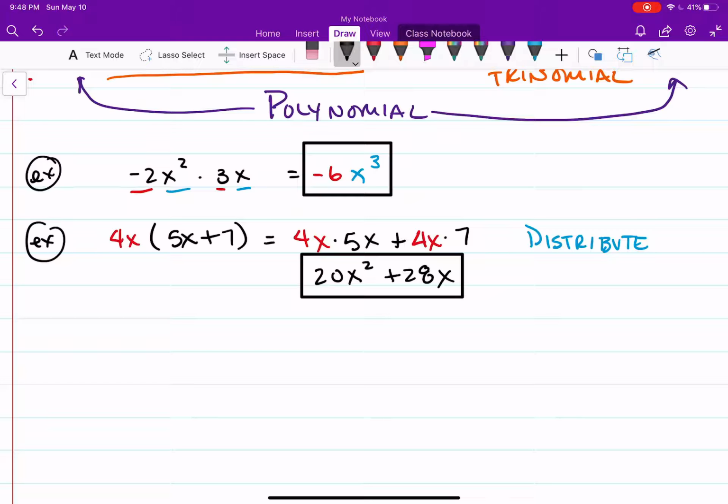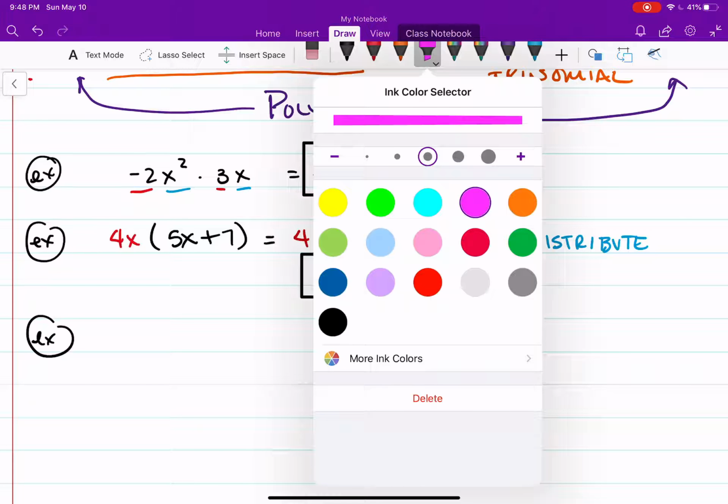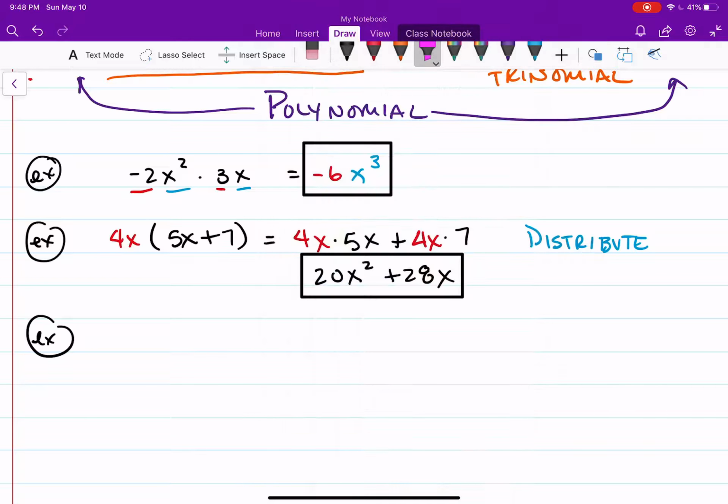Well, what if I had a binomial times a trinomial? One of the things I want to bring up before we keep going: a monomial means that it is 1 term. A binomial means it's 2 terms.